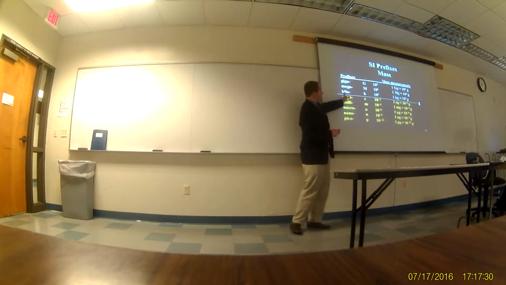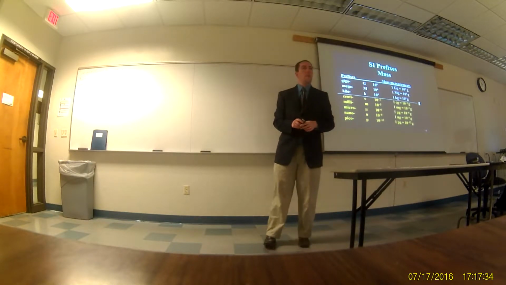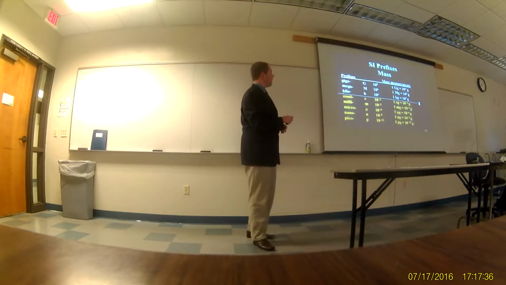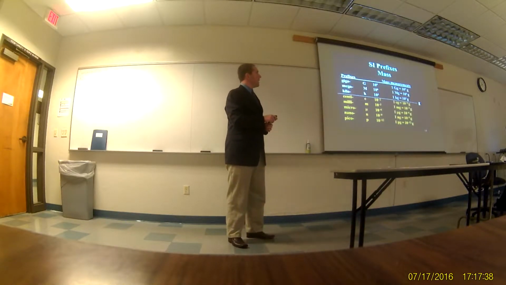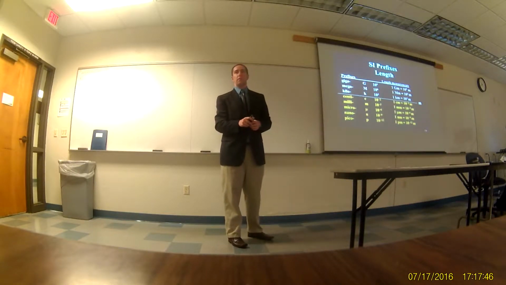Kilogram is 10 to the third. 10 to the third is 1,000. So a kilogram is 1,000 grams. And a kilometer is 10 to the third, or 1,000 meters.